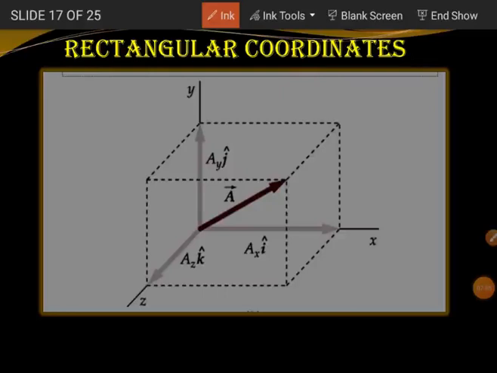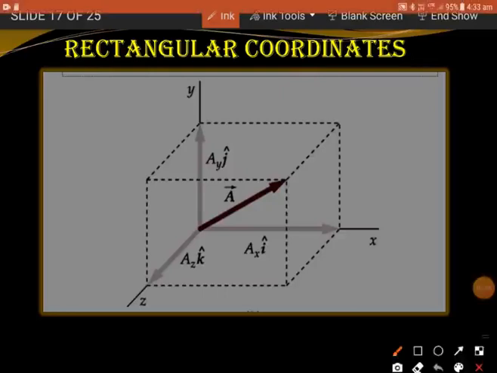Got it? From where to where do I need to draw it? Say from this vertex to this vertex, or you can take it from this vertex to this vertex, that will also be the body diagonal. Another, from here to here, that will also be a body diagonal, the line joining I mean.